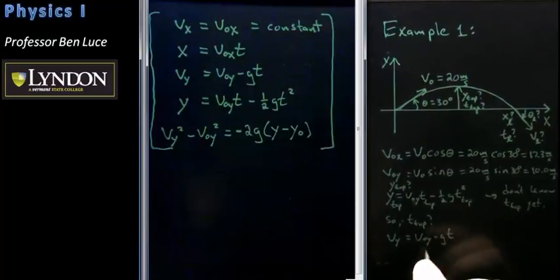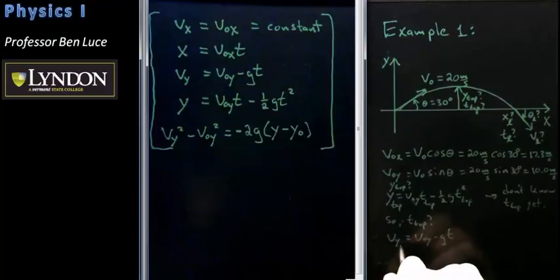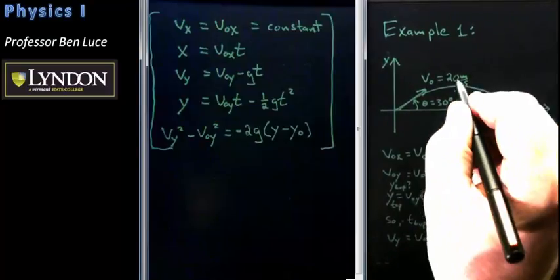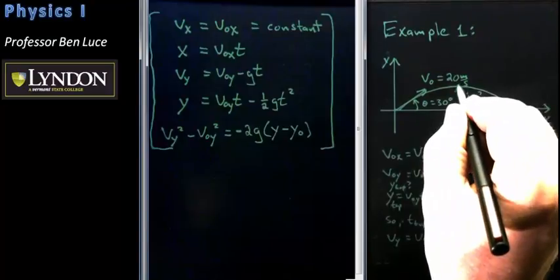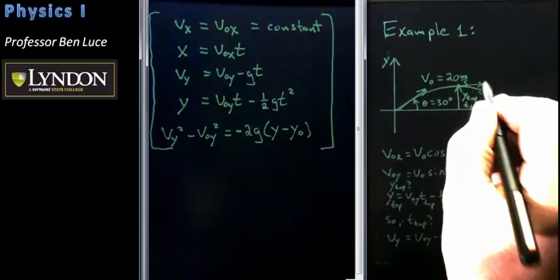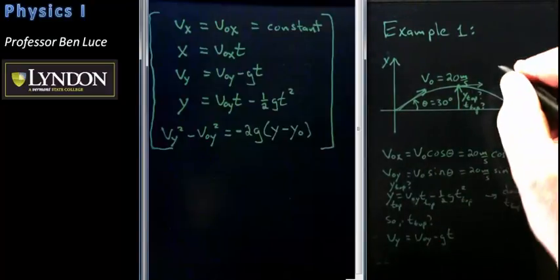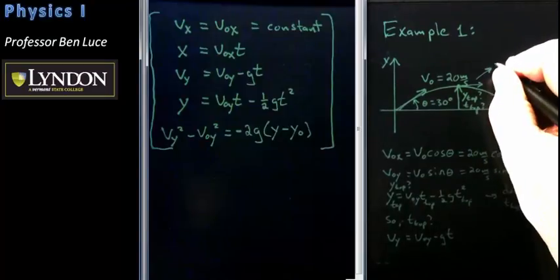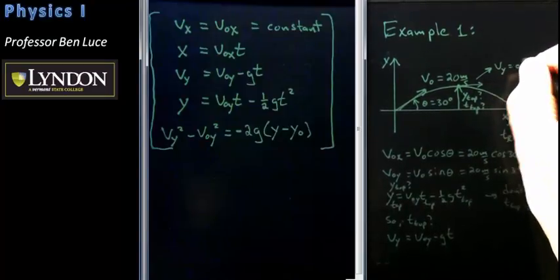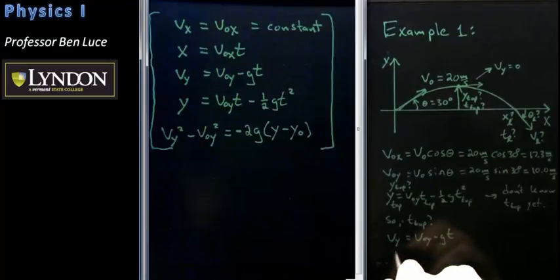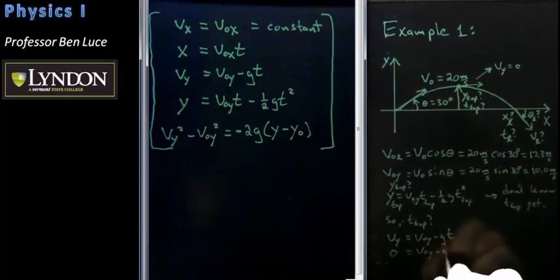The vy equation is this, and we do know v naught y and we know g, and in fact we do know vy at the very top of the trajectory, because right here the instantaneous velocity is horizontal, and at this point we can say that vy is 0. So we can write that 0 equals v naught y minus g t top.